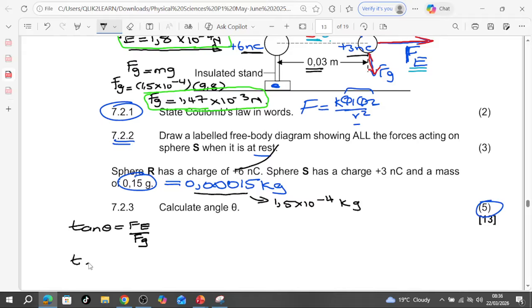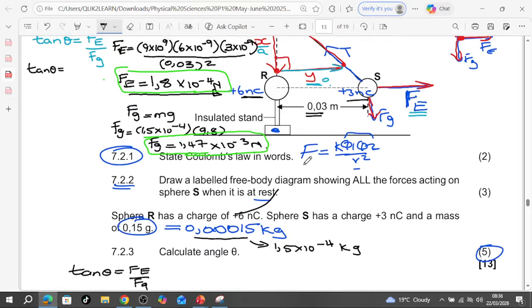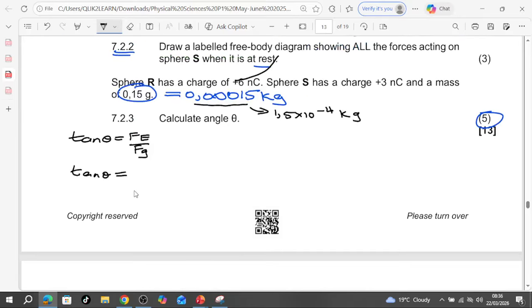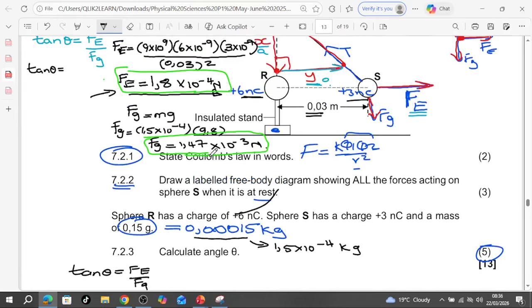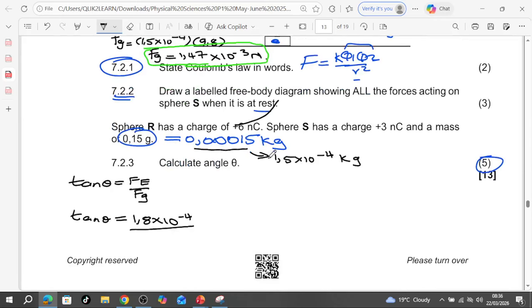So let's substitute. The tan of theta will be, what was Fe? We calculated Fe to be 1.8 times 10 to the power minus 4. Divide that by, we set Fg, it's 1.47 times 10 to the power minus 3.